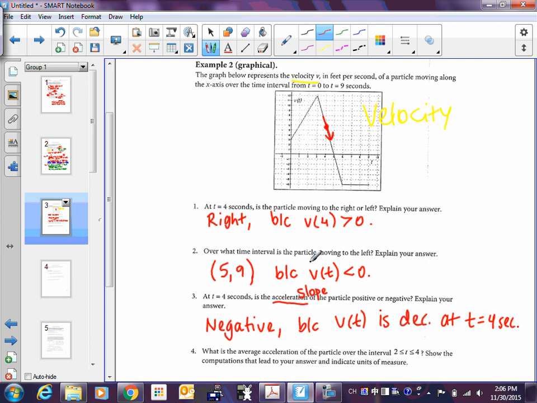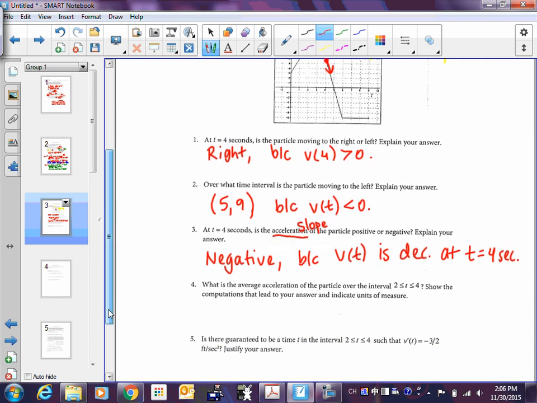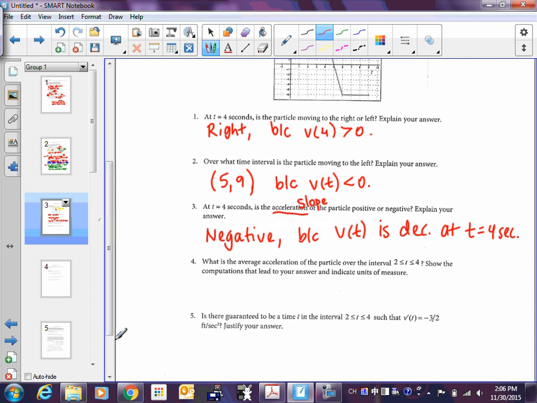Because if you notice, on each thing I refer back to the time, and that's important in your explanation. It's not decreasing everywhere. V of t is only decreasing at t equals 4. You want to refer in each problem, each answer, to the time. Okay, average acceleration.